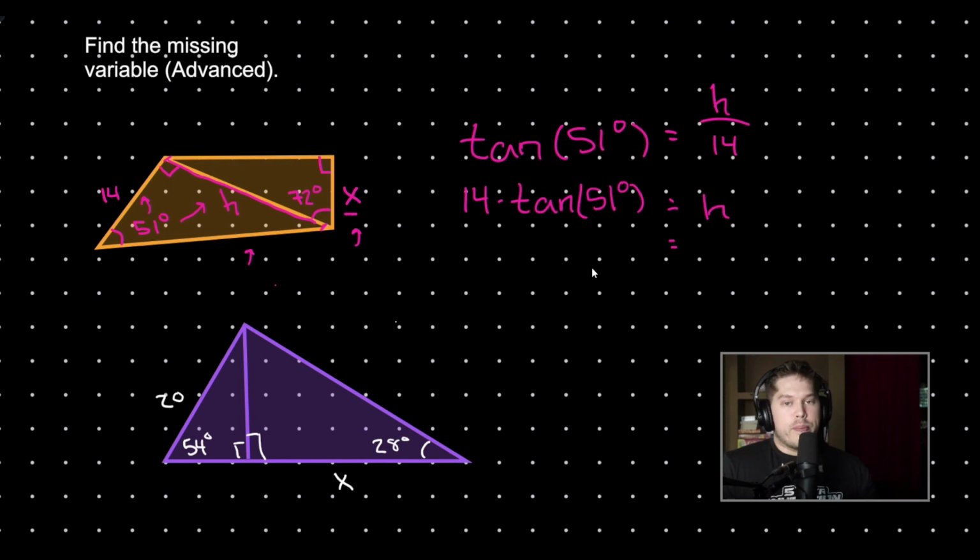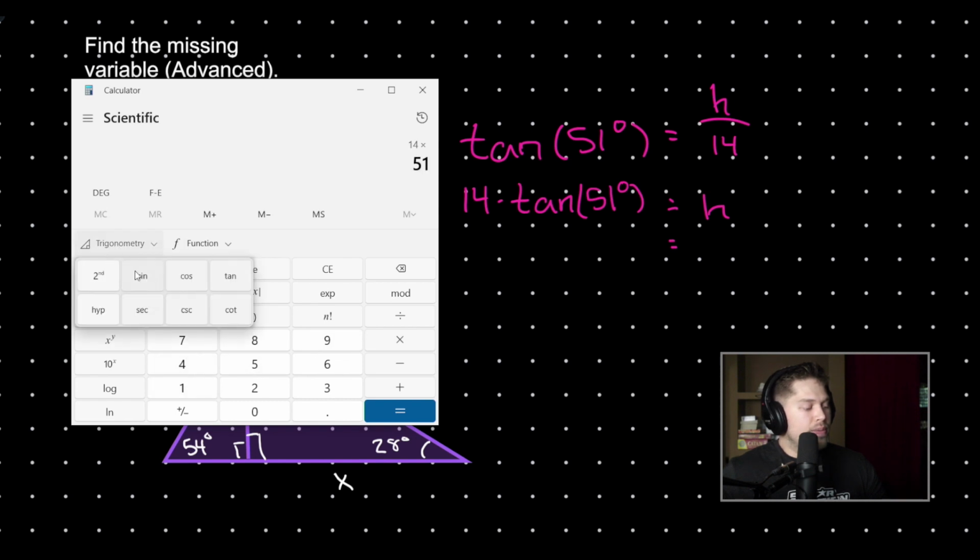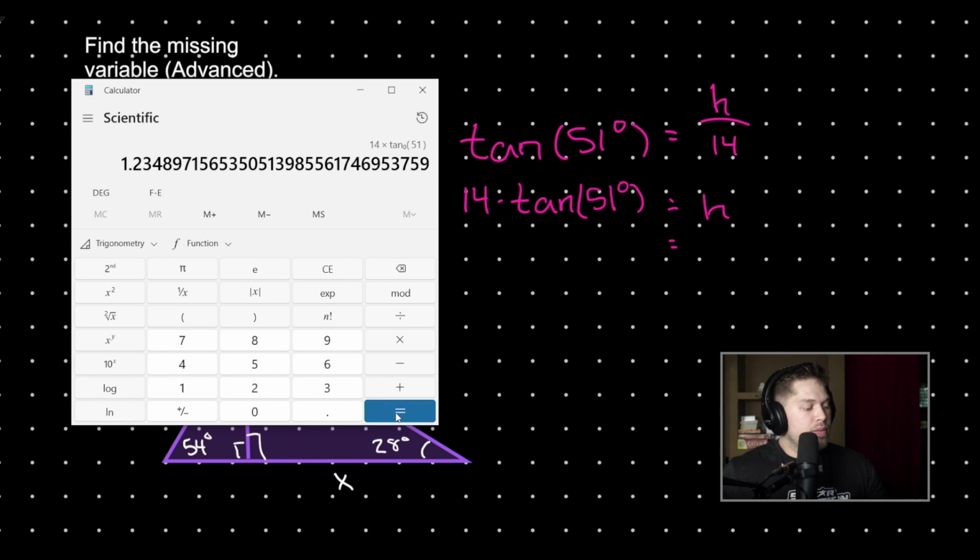Now I can put this into my calculator and have some value for the length of h. So let's go ahead and do that. We have, let's clear this out, 14 times the tangent of 51 is 17.3 once we round it.